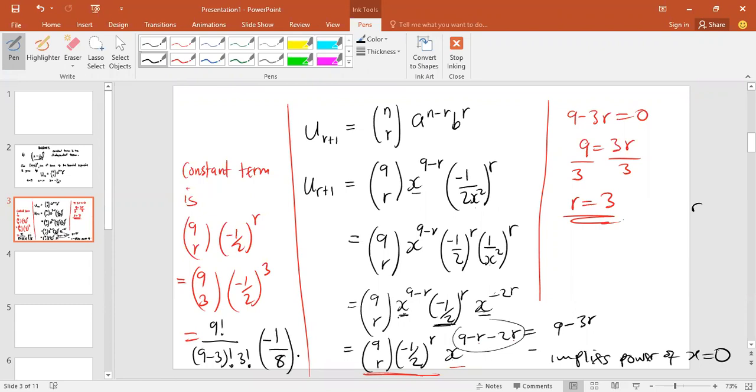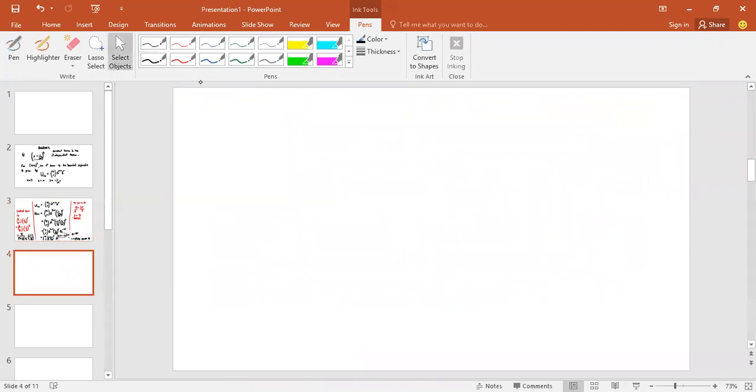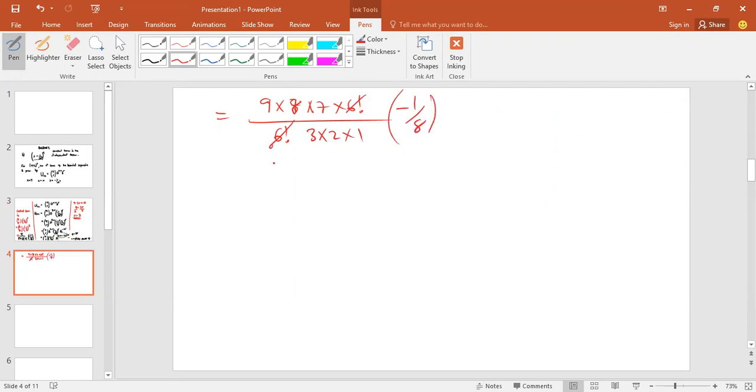From there, we can write 9 factorial as 9 times 8 times 7 times 6 factorial. Since 9 minus 3 gives us 6 factorial at the bottom, then we have 3 factorial, which is 3 times 2 times 1. Then the 6 factorial can do away. Of course, we have negative 1 over 8 following like that.